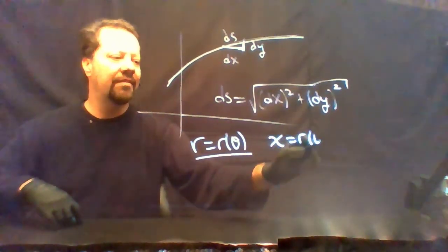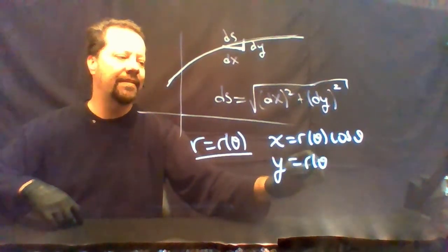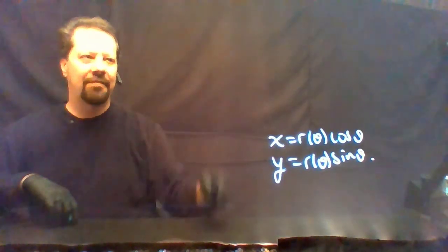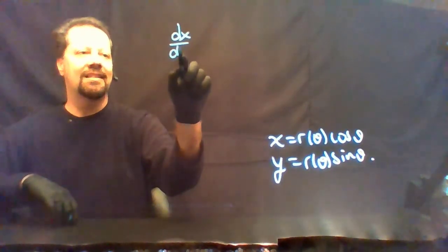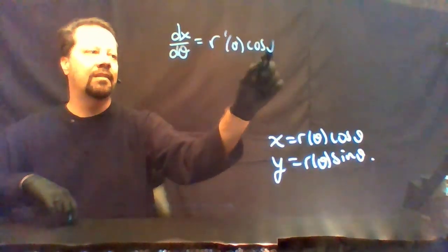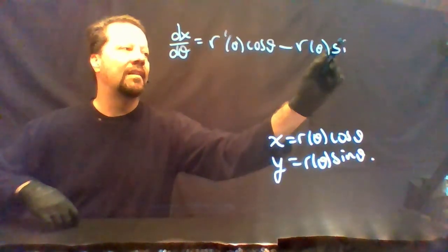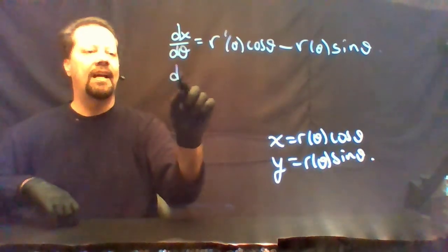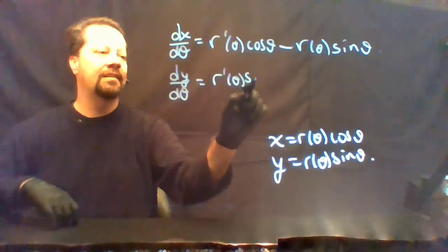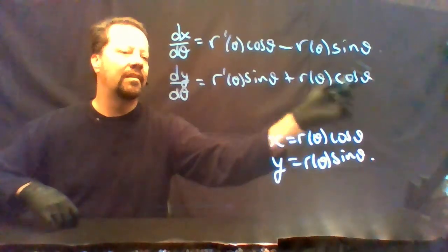x will be r of theta cosine theta, and y will be r of theta sine theta. It follows then that dx d theta is r prime of theta cosine theta minus r of theta sine of theta, and dy d theta is r prime of theta sine theta plus r of theta cosine theta.